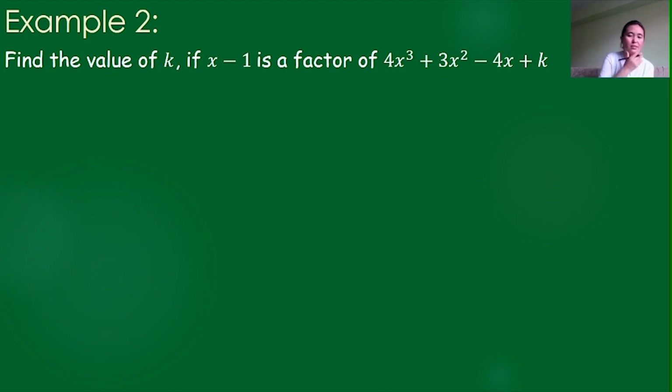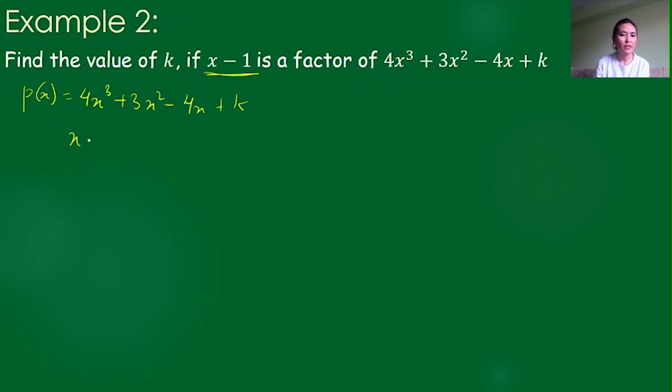Here the question says to find the value of k if x minus 1 is a factor. In the previous question we were asked to check whether the given polynomial is a factor or not. But here it is already given that x minus 1 is a factor. So let's write the polynomial in variable x as 4x cube plus 3x square minus 4x plus k.